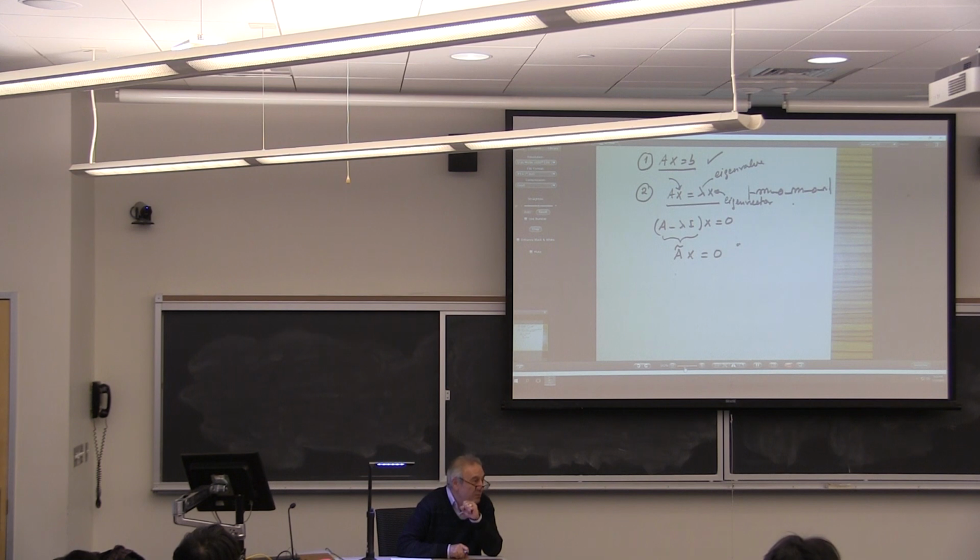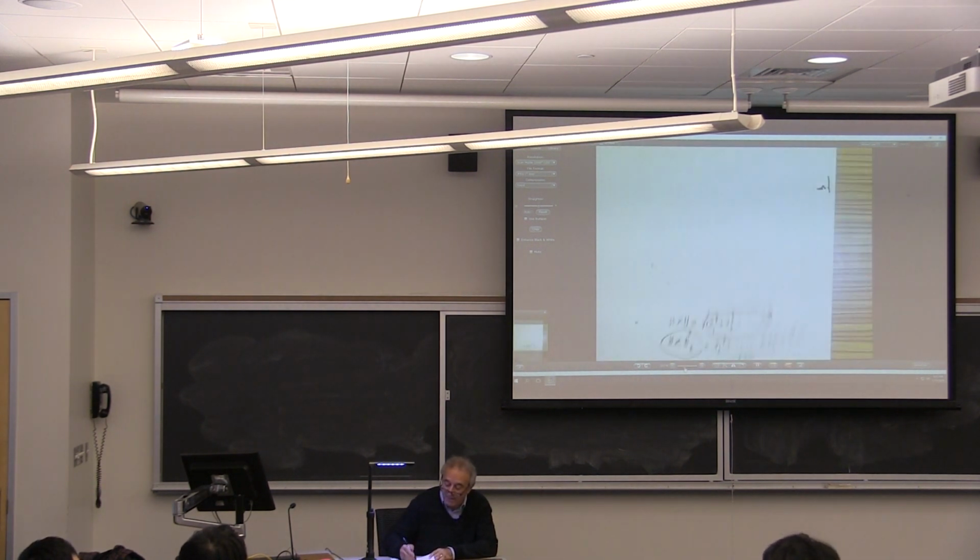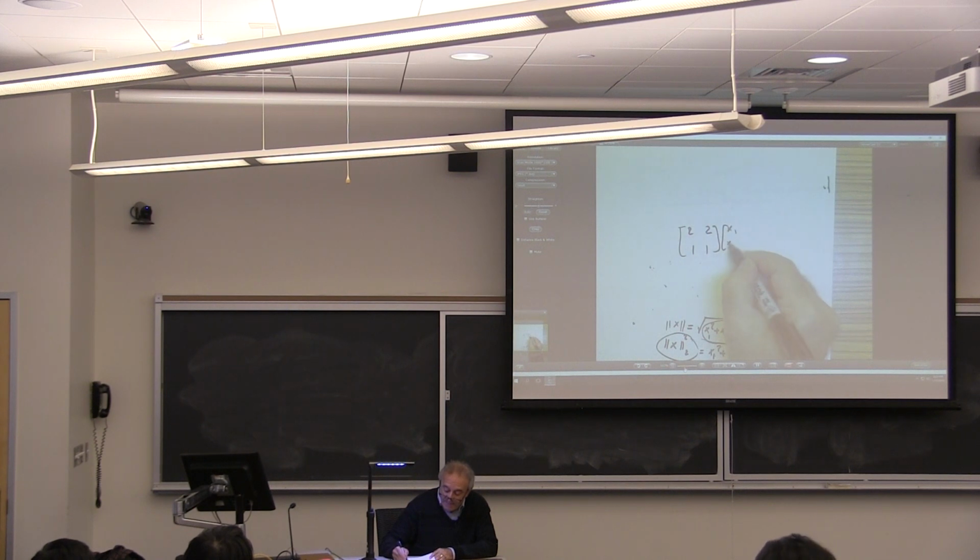When do we have a solution for a homogeneous algebraic equation? Remember I mentioned something before. Let's go back here on this scrap paper. I put 2, 2, 1, 1 like that. If you have an equation like that, with x1, x2 equal to 0, 0, you know that a nontrivial solution exists, right? So the determinant must be equal to 0 in order to have a solution.